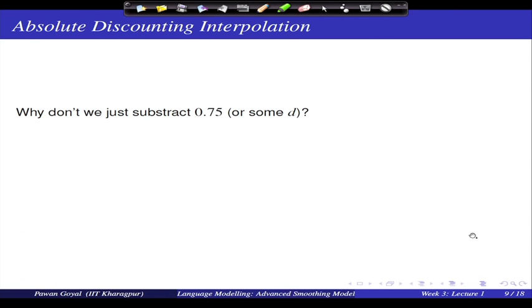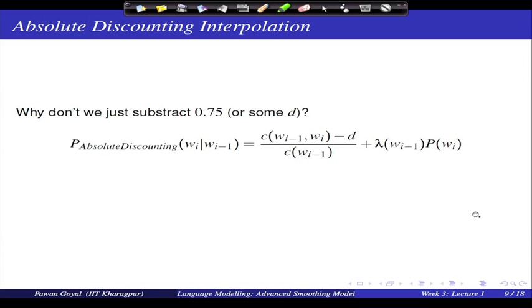The idea is, why don't I subtract something like 0.75, or some d, from each bigram count that occurs more than once or so, and I can have one or two different values of d for the initial counts. This is called the absolute discounting method. And you can interpolate it with the unigram probability that we saw in the last lecture to give a better estimate.